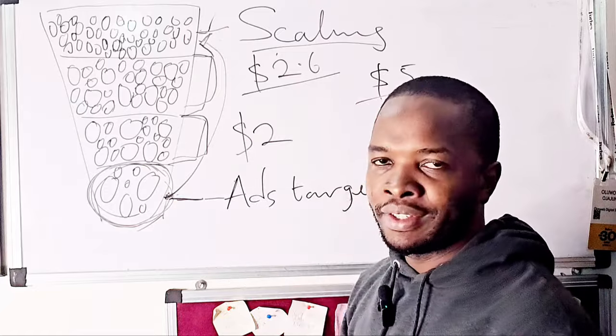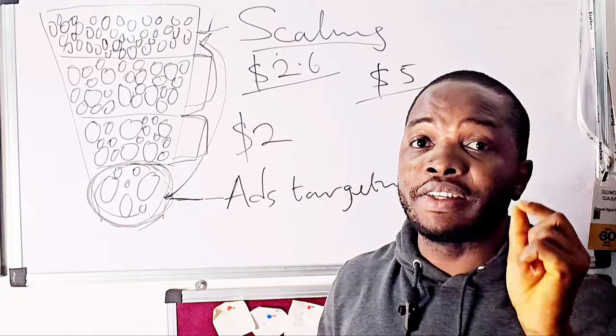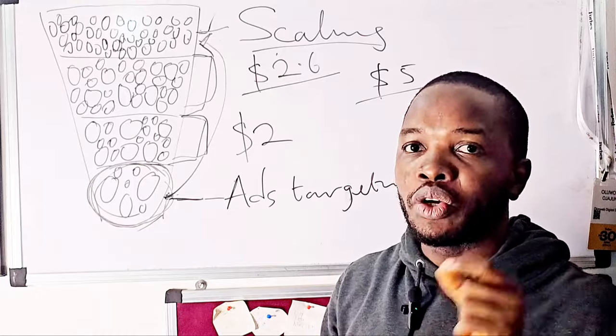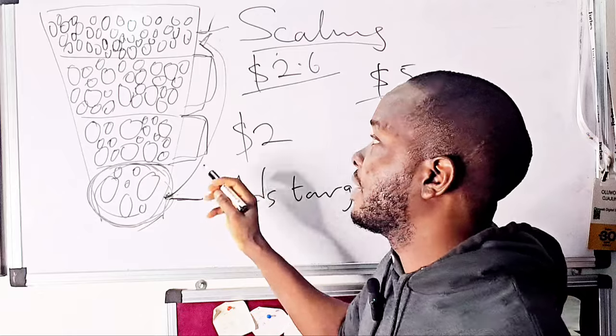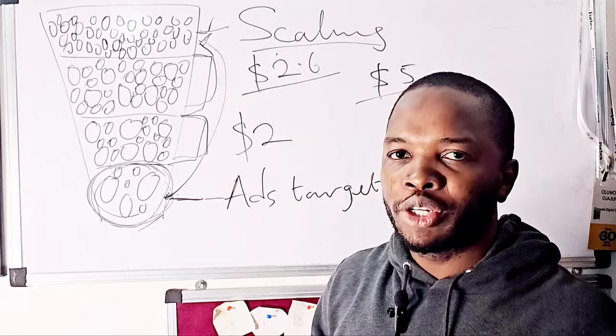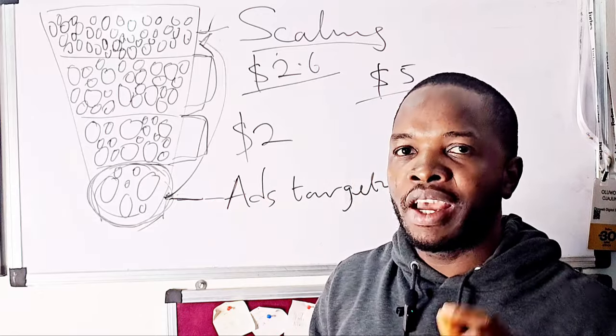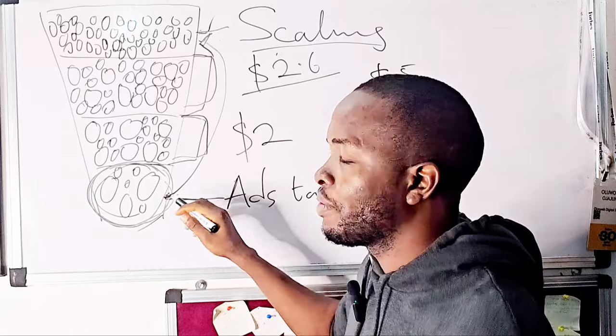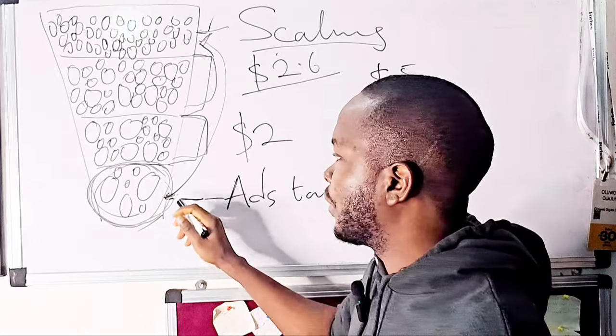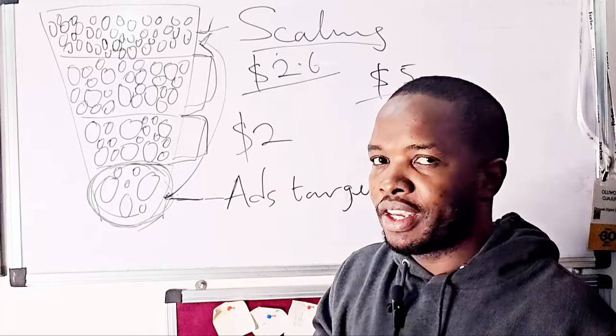When you are scaling, you are reaching more audience, and this can actually affect your cost per acquisition, cost per lead, or cost per sales, and this can definitely make your profit to be dropped a little bit. However, the volume of the result you're getting might be way more than what you're getting when you are targeting a very specific audience.